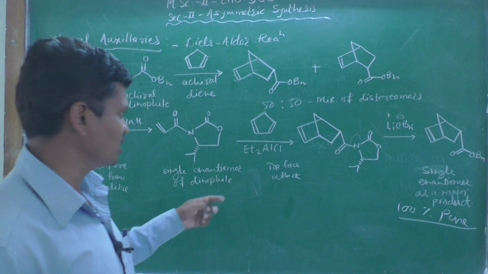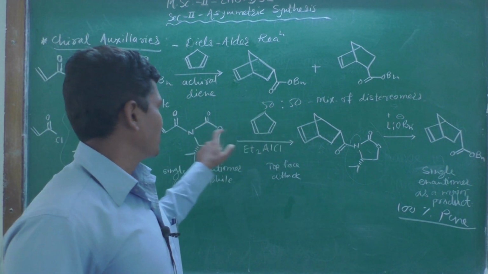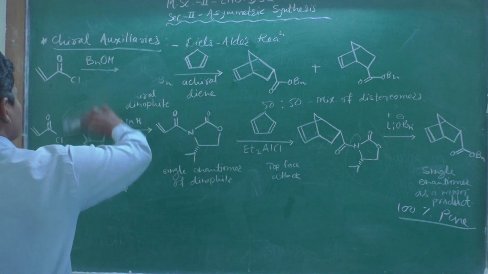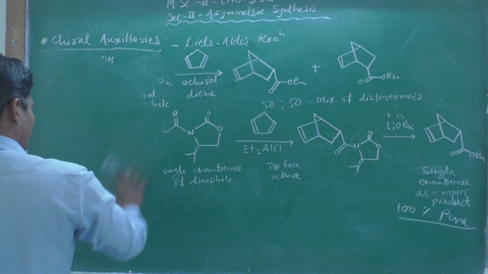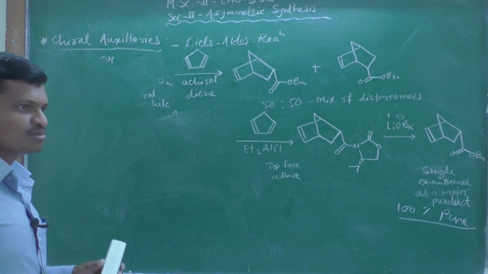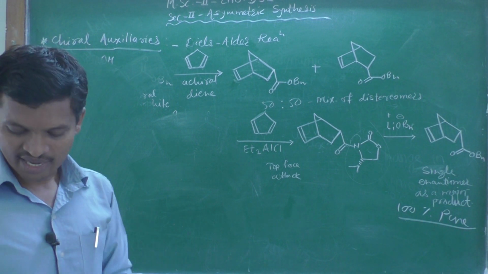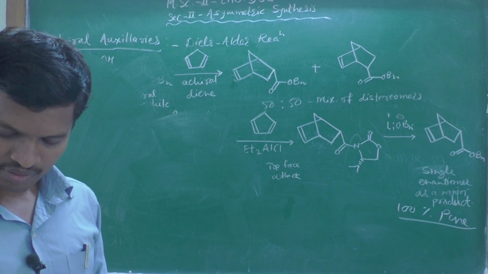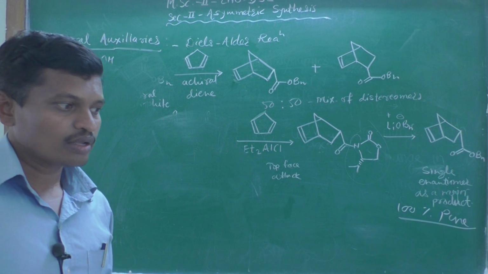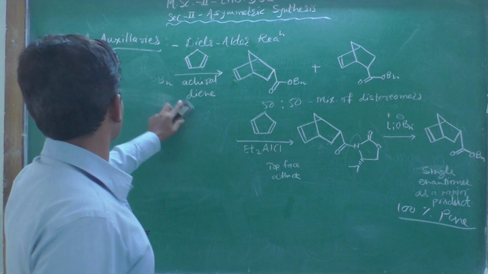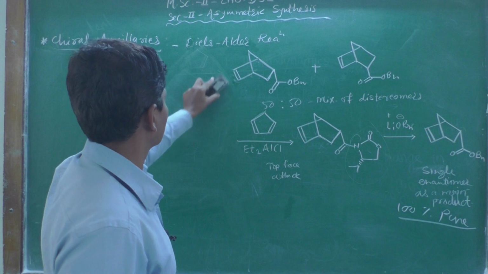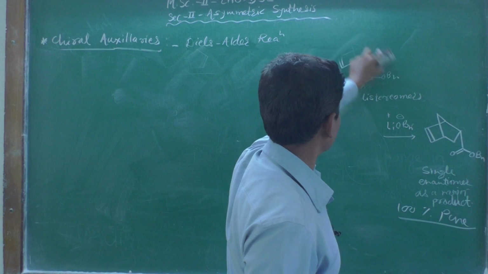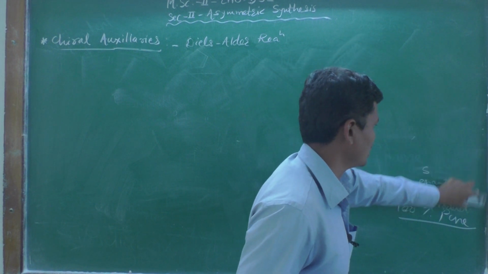Now I am telling you how this step is happening. It is an imaginary step that is possible when the dienophile reacts with the diene, with the help of this Lewis acid catalyst, diethyl aluminum chloride.